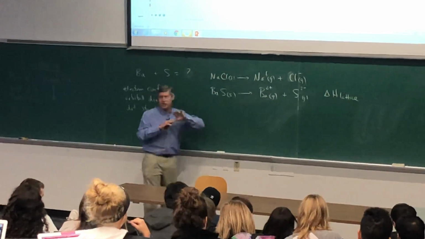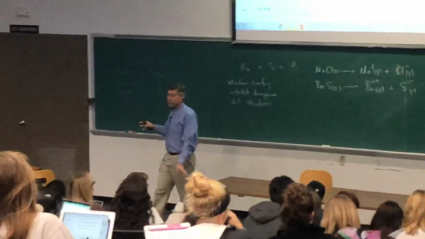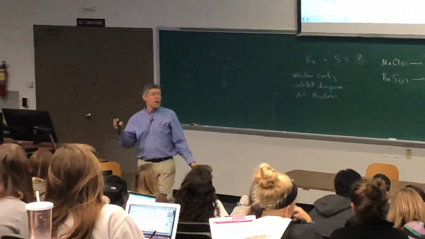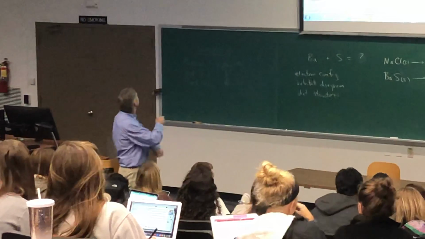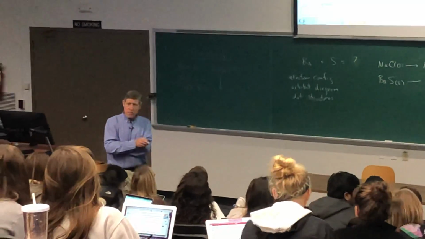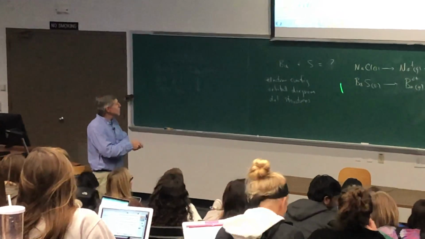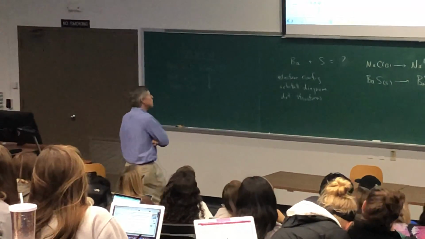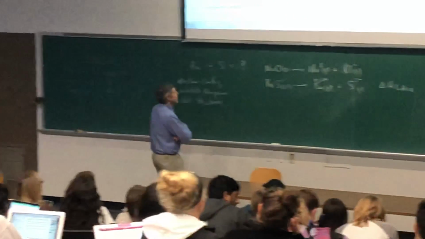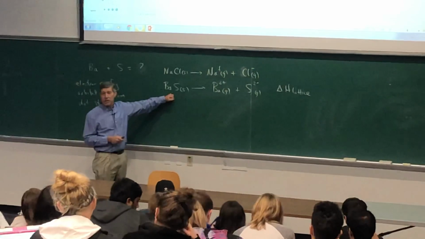So if we just ignore the charge part of this, and we really can't, if we ignored the charge part of this, which one of these two would we predict would have the lower lattice energy? The one that has the biggest species, right?